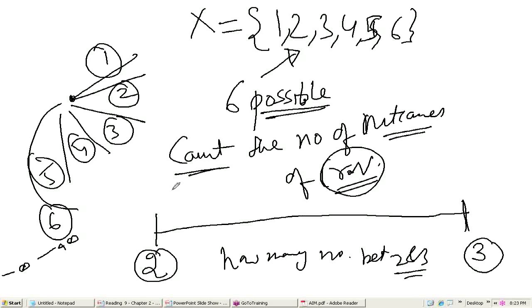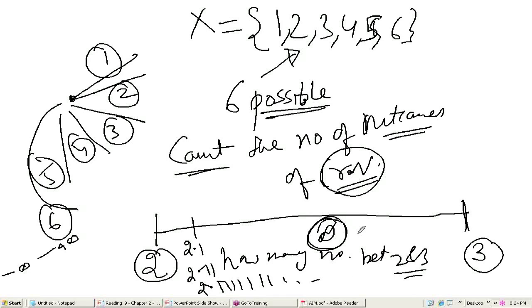Think about it. Between 2 and 3 you have a number 2.1. You can also have a number which is 2.11. You can also have 2.111, 2.11111, like that. You can have infinite numbers between 2 and 3.